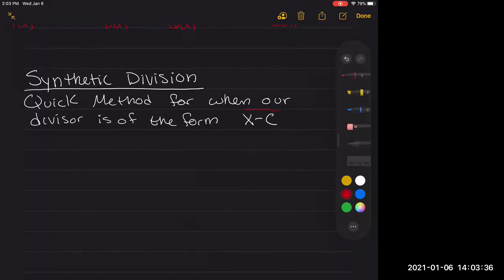And this is the really important part. You can only use synthetic division when your divisor is of this form. And we will abbreviate our polynomials by its coefficient when we are doing this.